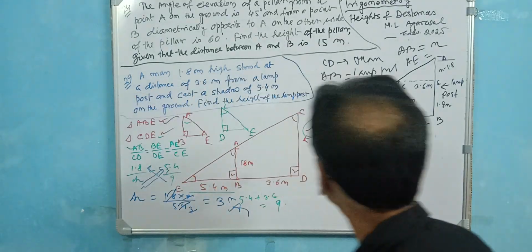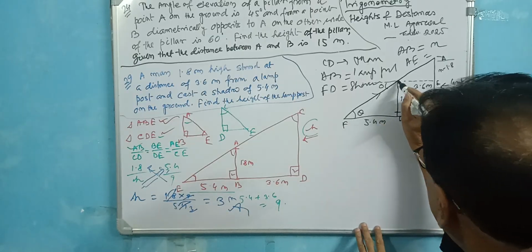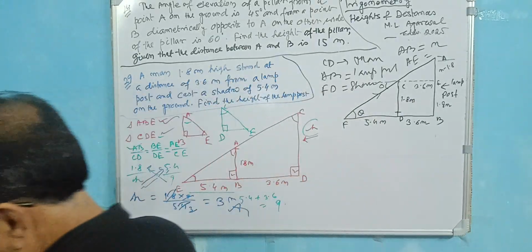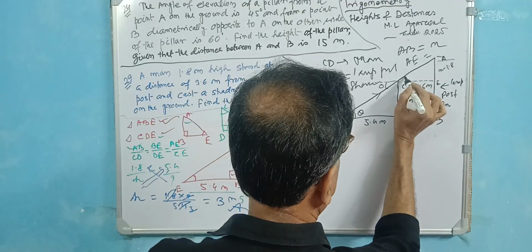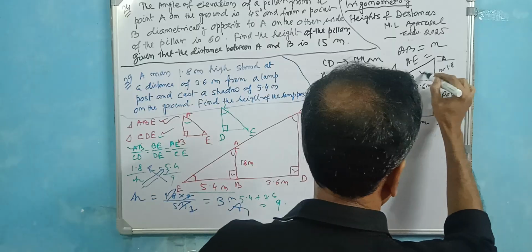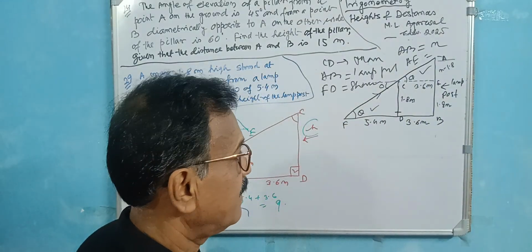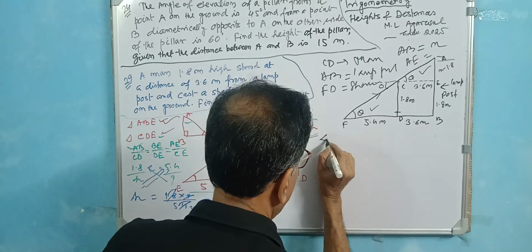Now, this is theta, this is theta. So here actually a point is there. This is C. So this also theta because of the vertically opposite angle. That means here is a triangle, here is a triangle. It's clear to you? Now first, two triangles.